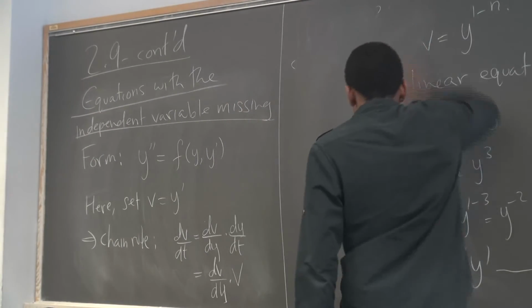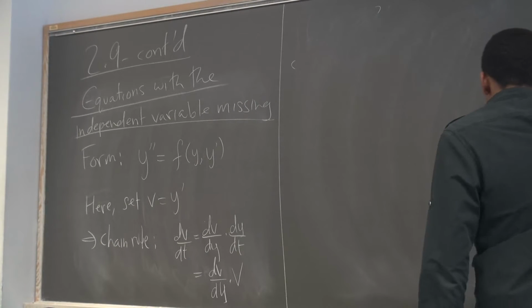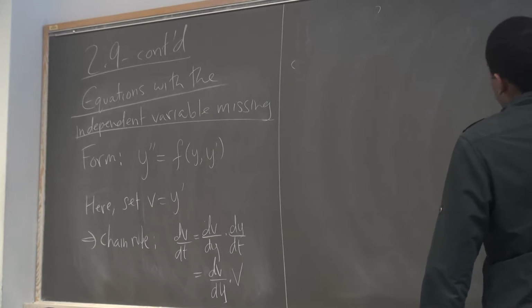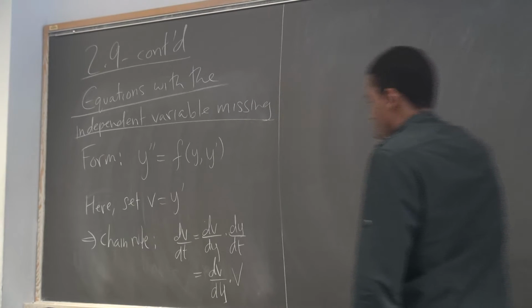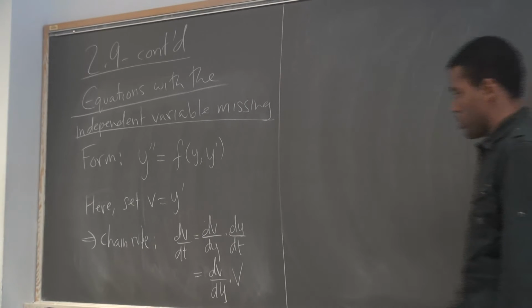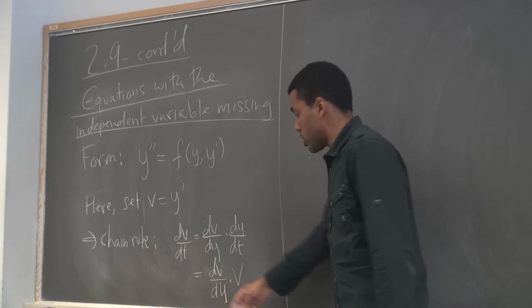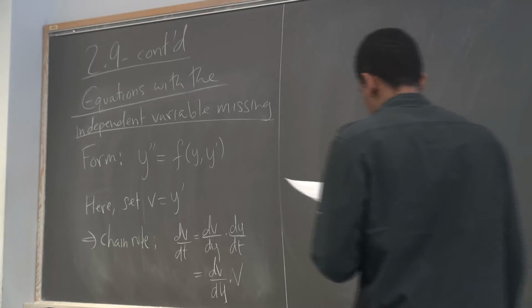So you have to do it sort of strangely. You don't want to think of t as the independent variable anymore. You sort of do this swap and you think of y as the independent variable, right? So I'm looking at things as derivatives with respect to y.